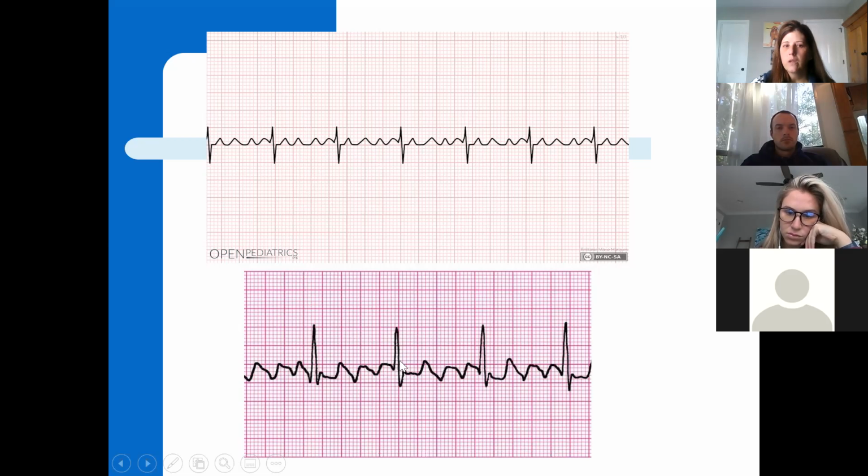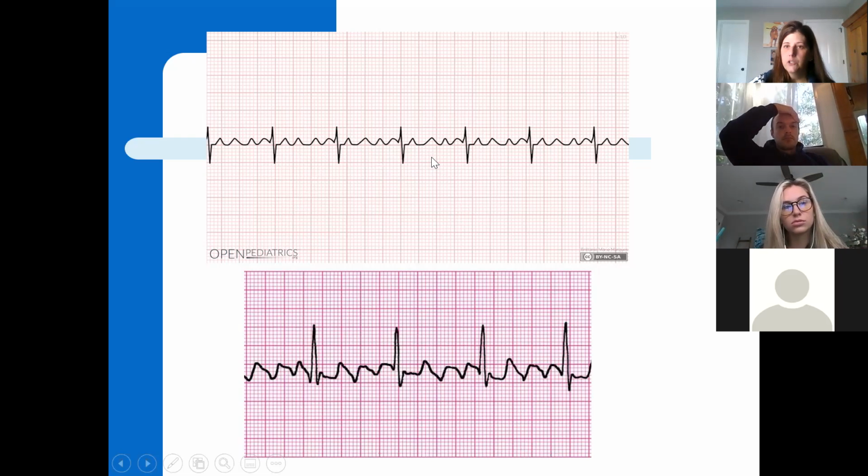So it's referred to a lot of times as a flutter wave or an F wave. You'll hear it called sawtooth. But it just does not look normal. But my QRSs look normal. Okay? So it's a problem because I don't have clearly identifiable P waves.